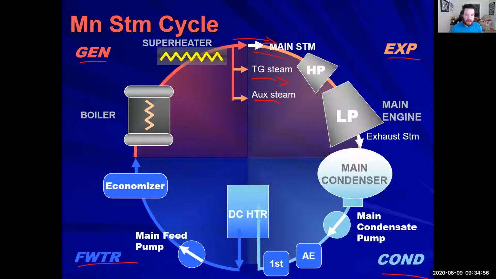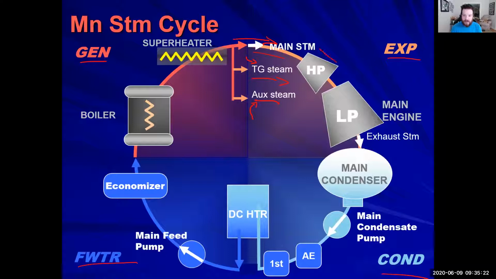That would be sending off to our turbo generators, our TGs. That's where our steam goes off to, basically where we're going to create electricity. And then our auxiliary steam is going to be going off to all of our auxiliary components. We talked about heating the glycol for the freshwater generation plants, stuff like that.